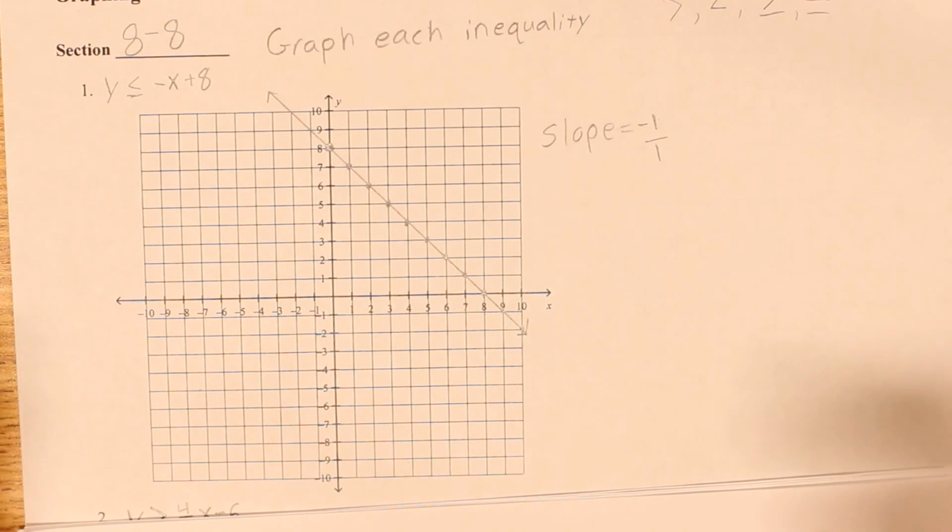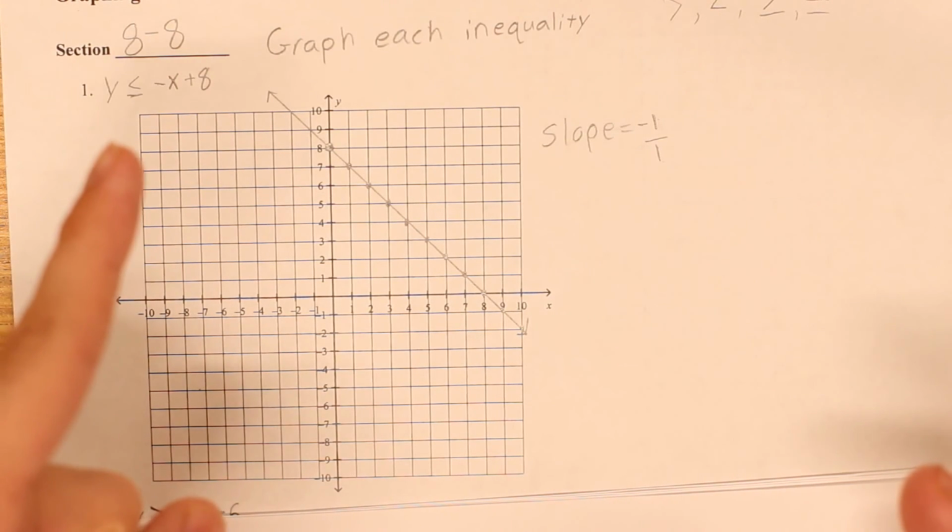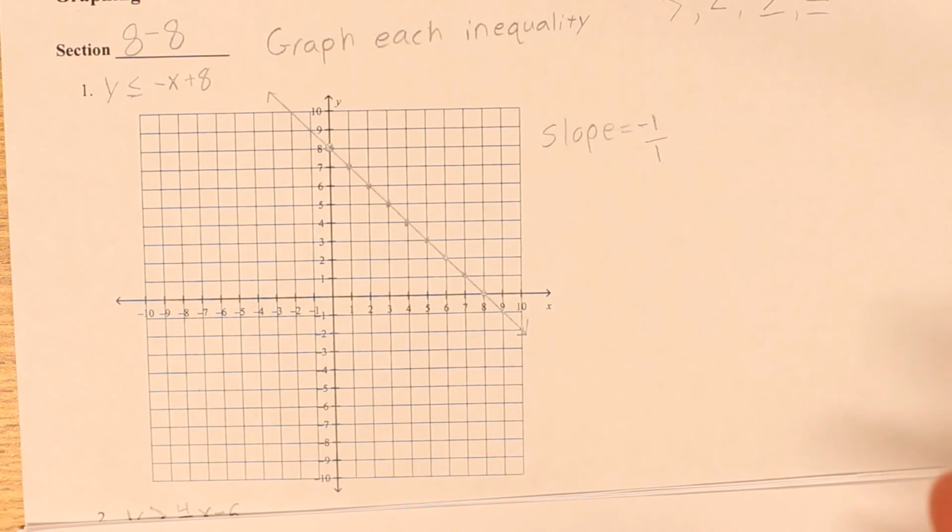Now, an inequality technically has more possibilities. And we'll take a look at this aspect more in class, okay? So right now we're more looking at how you graph. But the graph has got to represent every solution that's possible for this. Being an inequality, it gives it more possibilities.